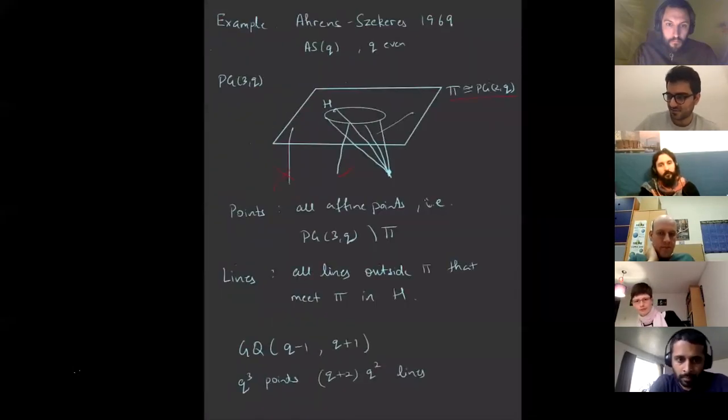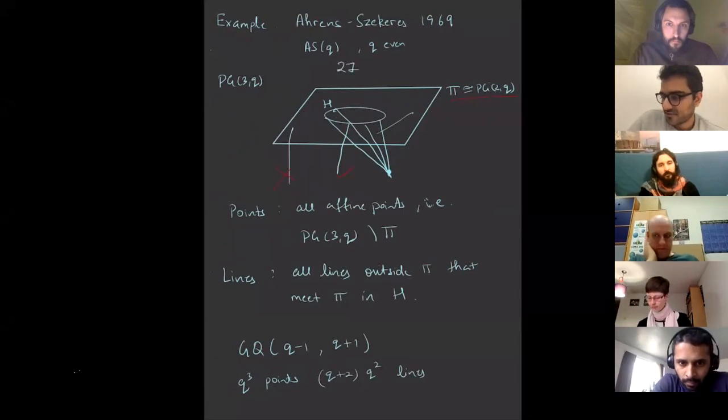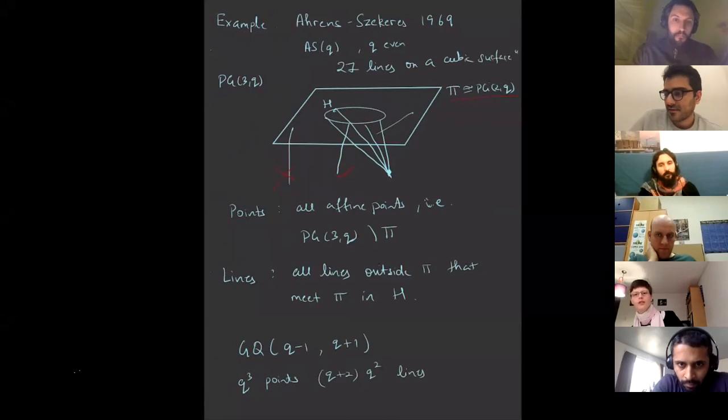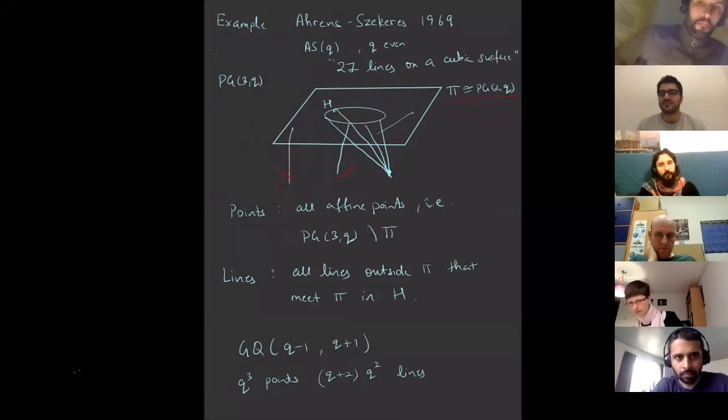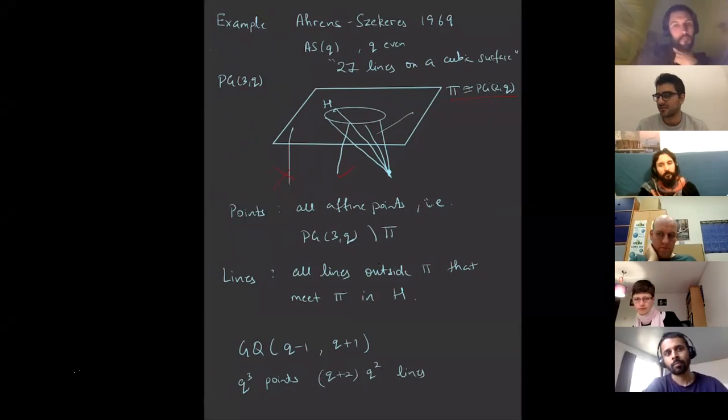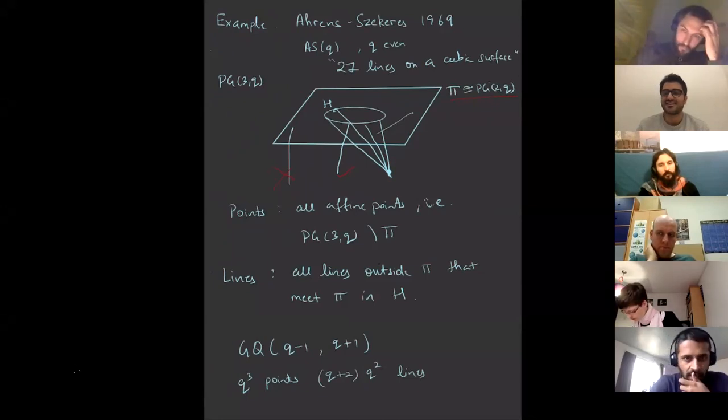Wait, let me mention it somewhere. 27 lines on a cubic surface.